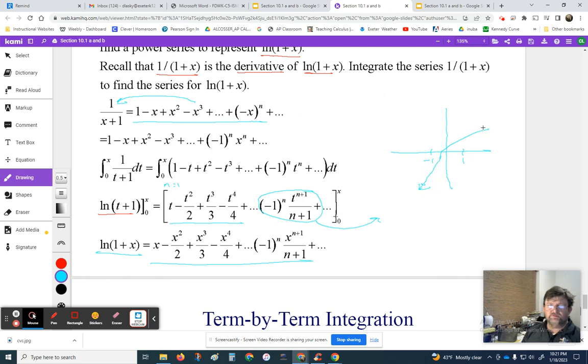So what we're saying is that between this boundary, the farther you go out, the series more and more reflects this graph right here. Like if I take the first term, x, that is a slope that looks like that, right?